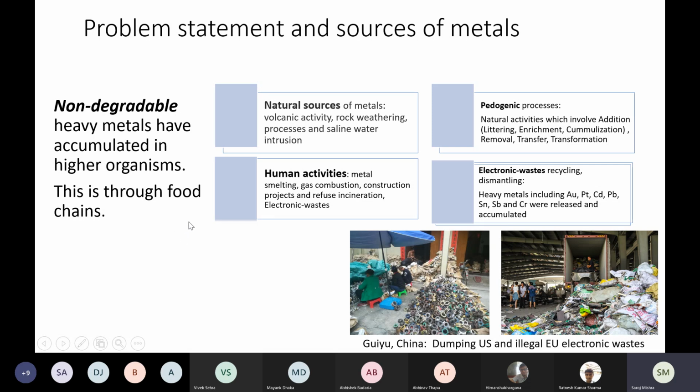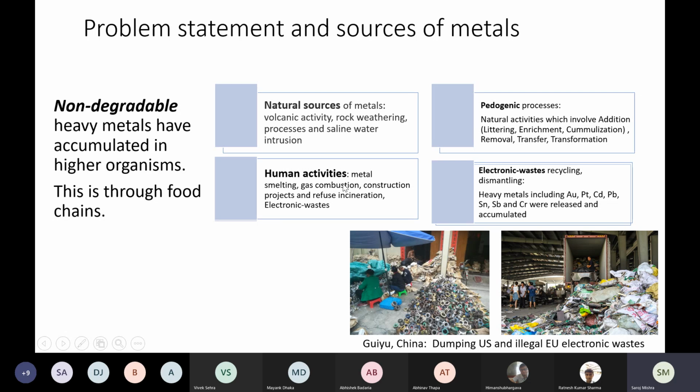So I don't have to tell you what the source of metals in the environment is. There are several natural sources of metals, like volcanic activity, weathering of the rocks, and several processes associated with the rainfall, with carryover of saline water intrusion, etc. So these are all natural sources of metals.